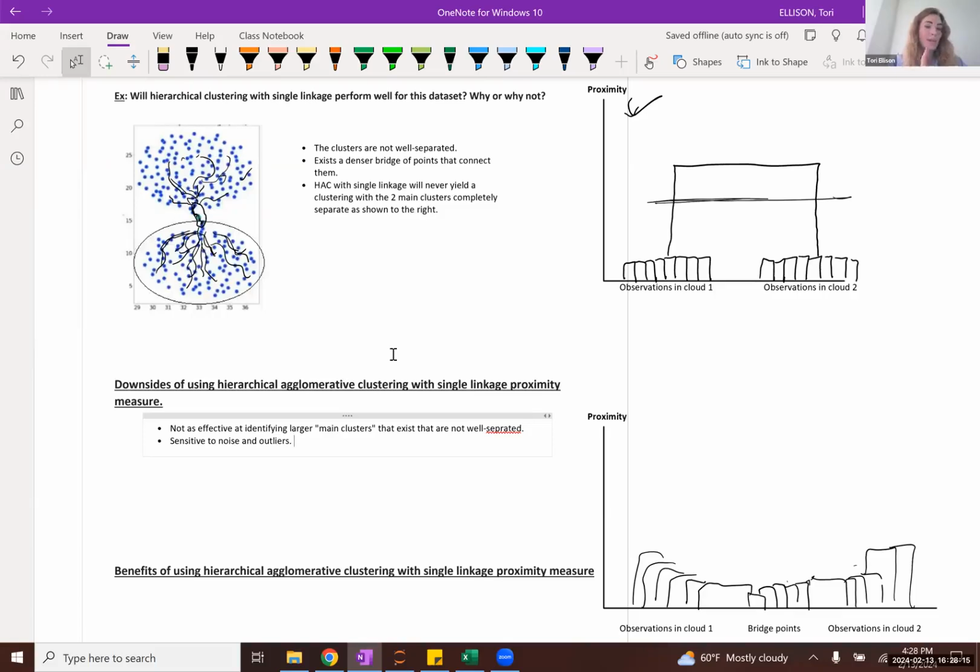In the context of this particular algorithm, it will basically pick out outliers and noise at the expense of not being able to identify any larger main clusters that might exist.